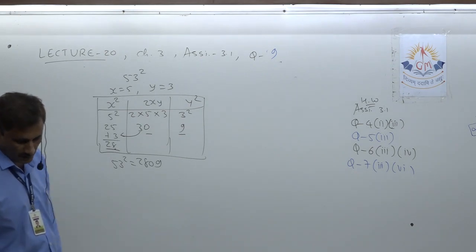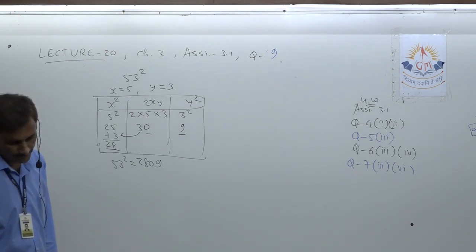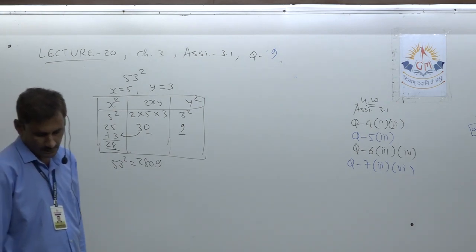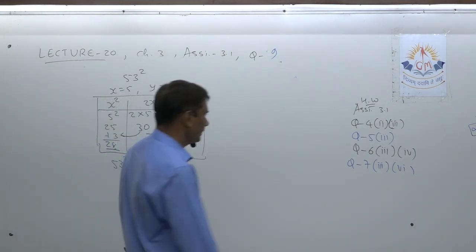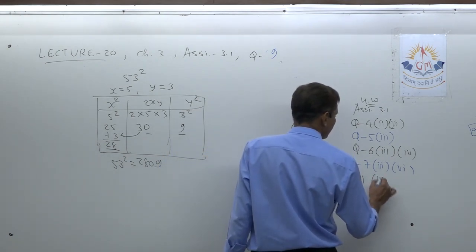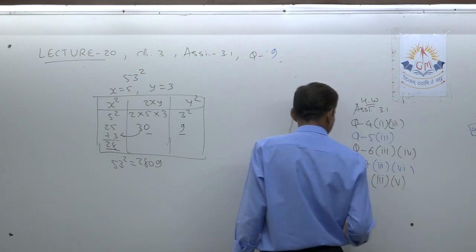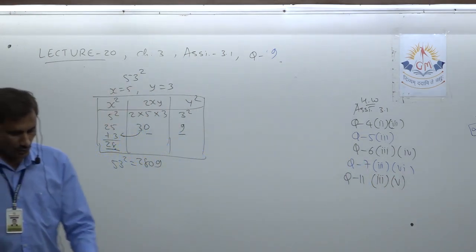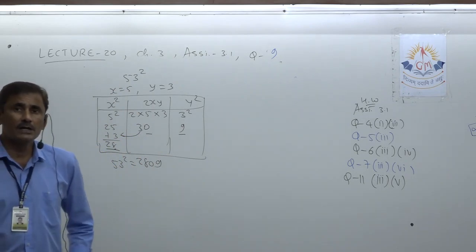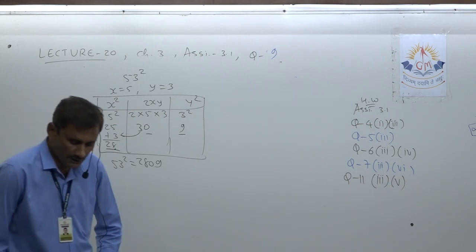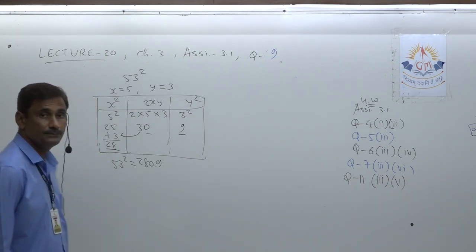Okay, so in the same way, do the third one and fifth one in the homework, third and fifth of question 11. So this is the new method you got today, and in the next lecture we will understand the next method also, that is the diagonal method, as I told you.